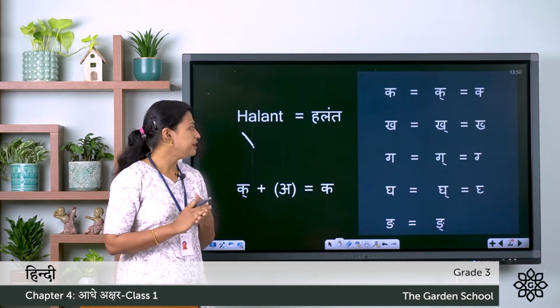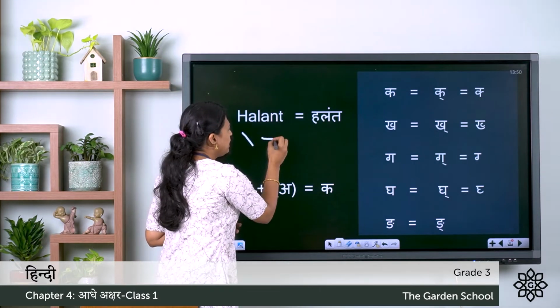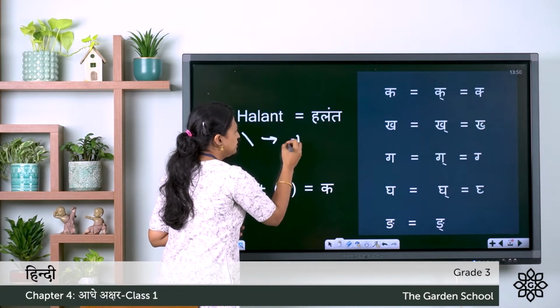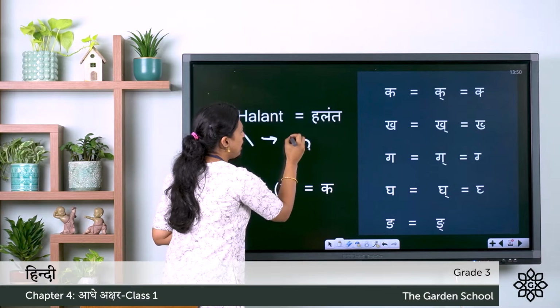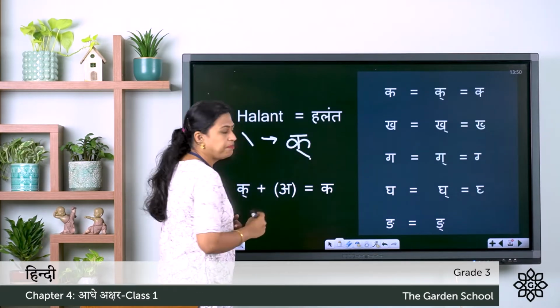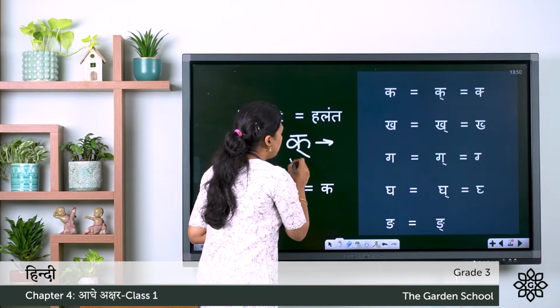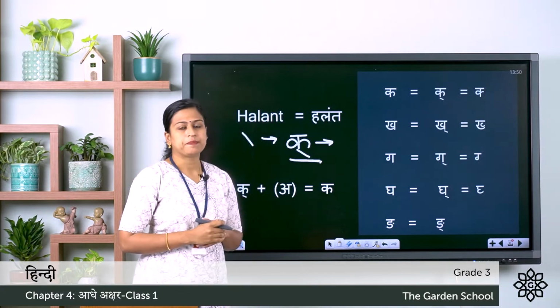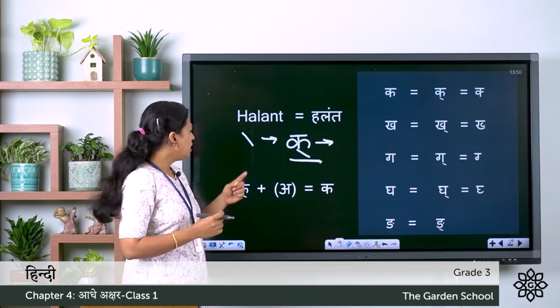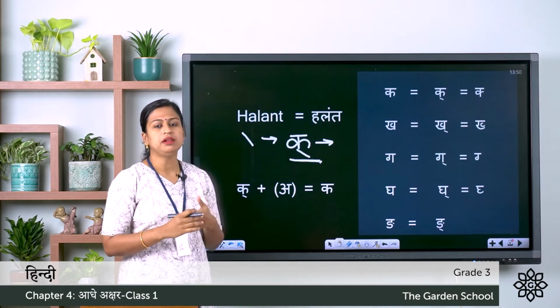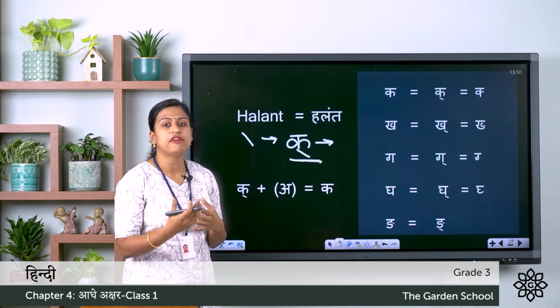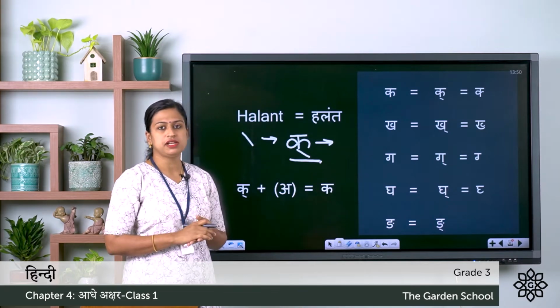Whenever we write this symbol with any Vyanjanakshar, for example Ka plus halant symbol, this means the half form of Ka. Once again, we use this halant symbol to represent the half form of that particular Vyanjanakshar.